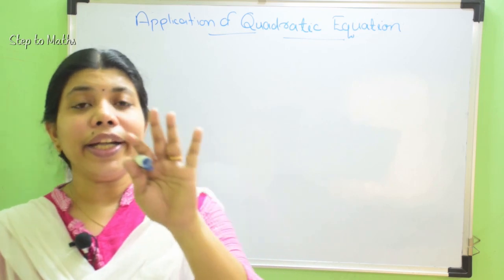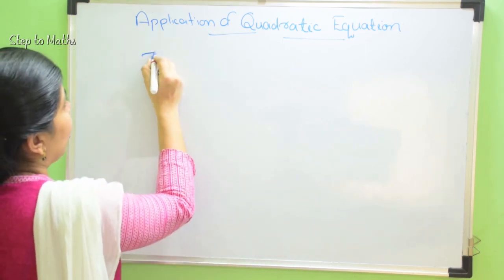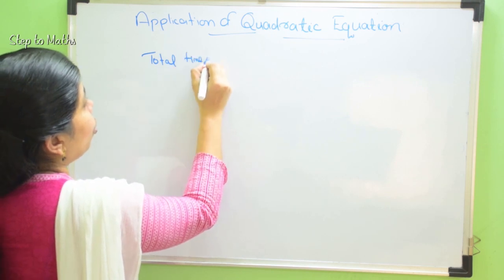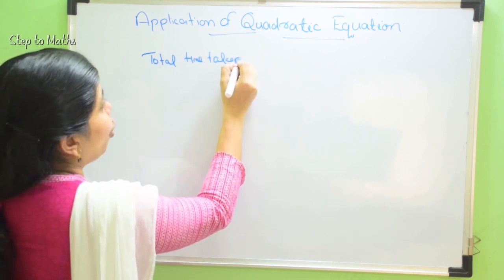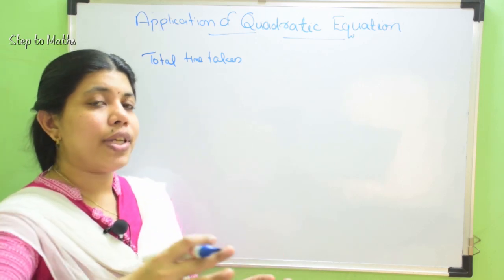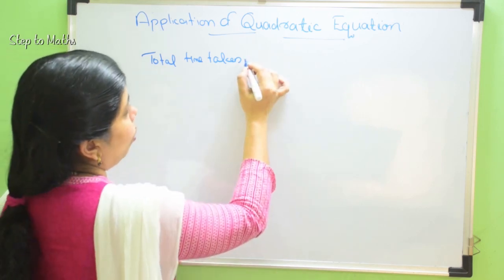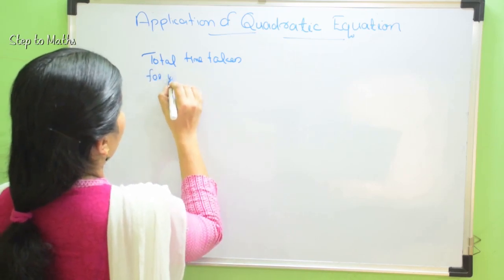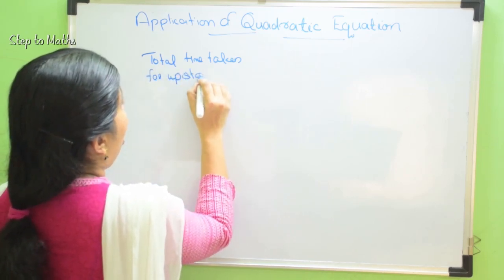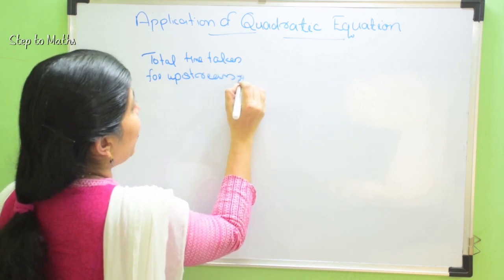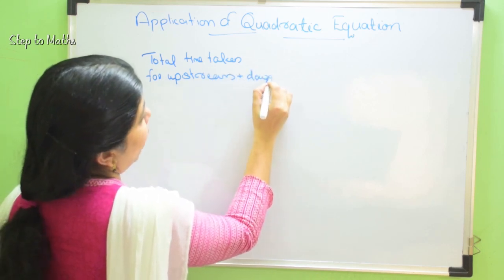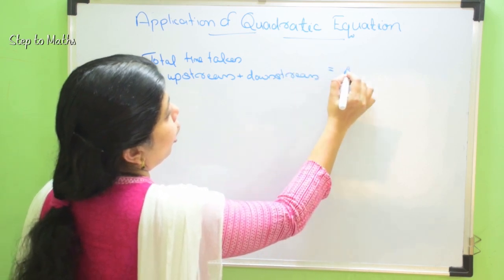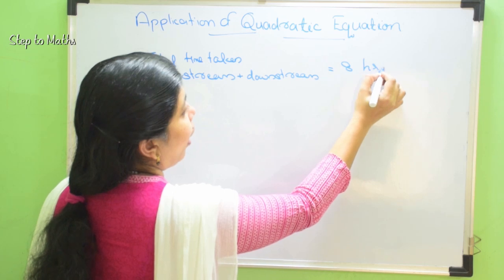That means total time taken on both ways, upstream and downstream, for both directions, is equal to 8 hours.